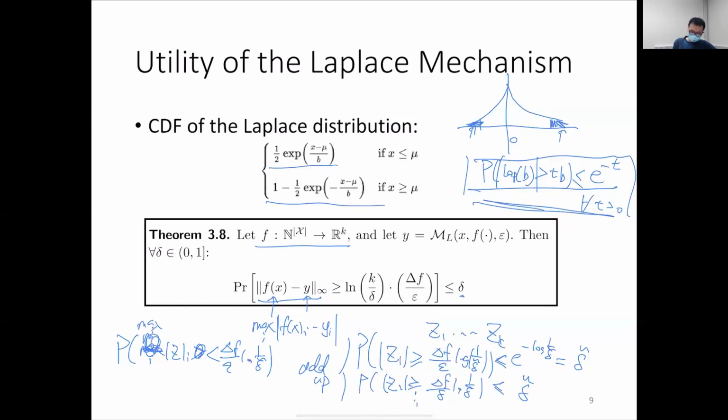So this implies that all of them are smaller than this, by the union bound.